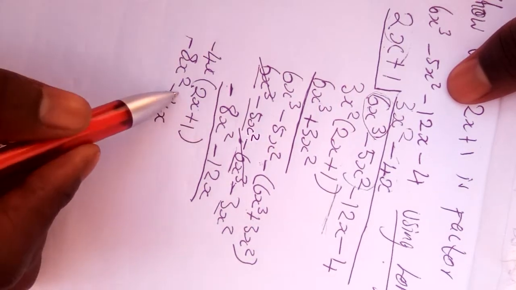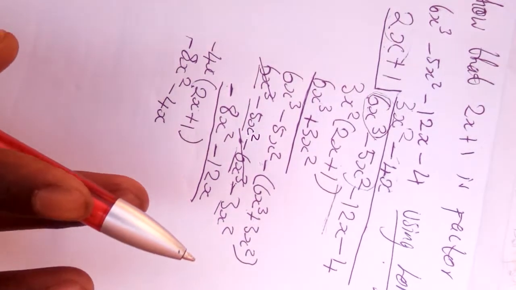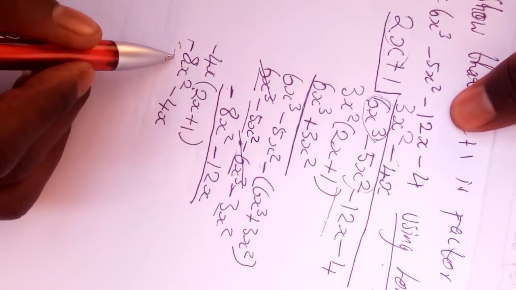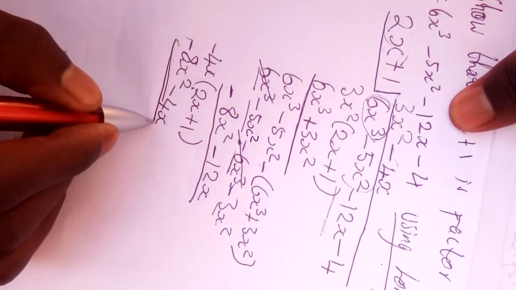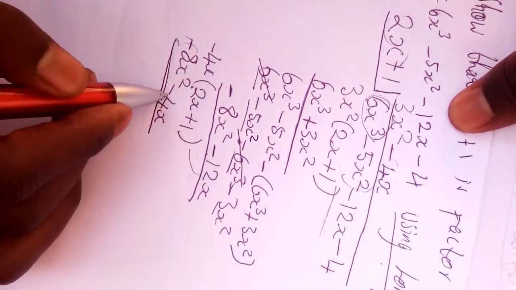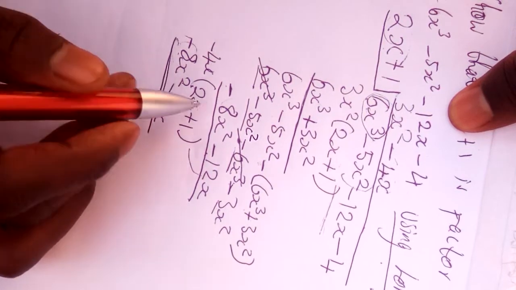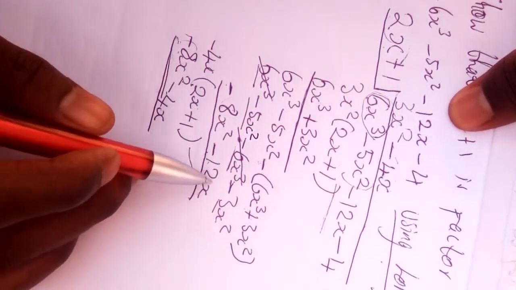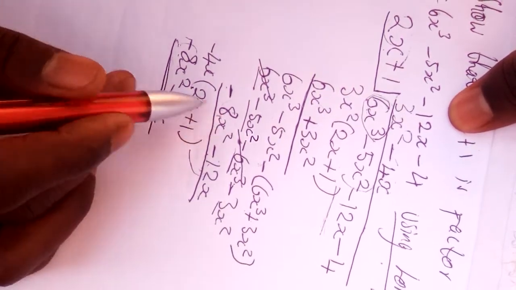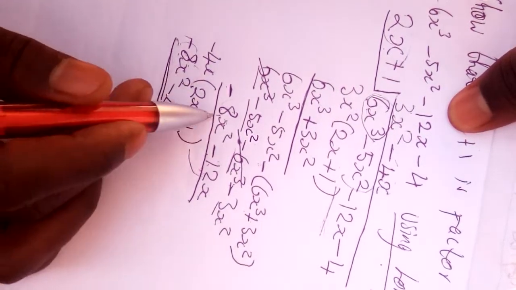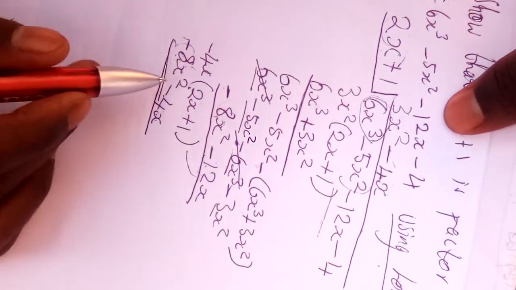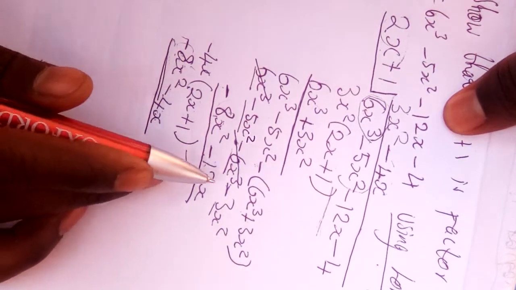After we get this number, we are going to subtract this value from this number, because this number is the same as this number. We have negative 8x squared, we have negative 8x squared. What is different is this one, and we are not interested in this one. We are interested in this one because we want to see these numbers cancel each other at the end of the day. So we are going to subtract this number from this term.